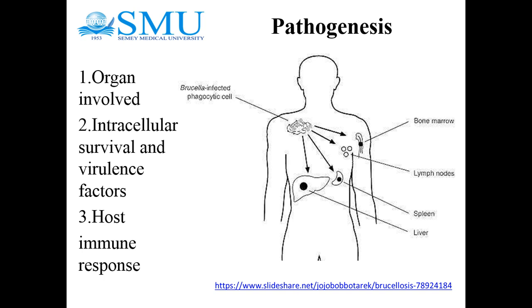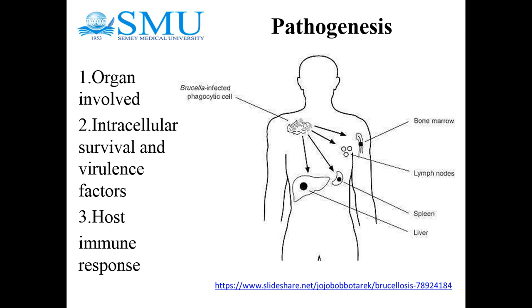Organs involved. Brucella are facultative intracellular pathogens, primarily infecting organs of the reticuloendothelial system, such as lymph nodes, spleen, liver, and bone marrow, which are rich in mononuclear phagocytic cells, macrophages, and monocytes.